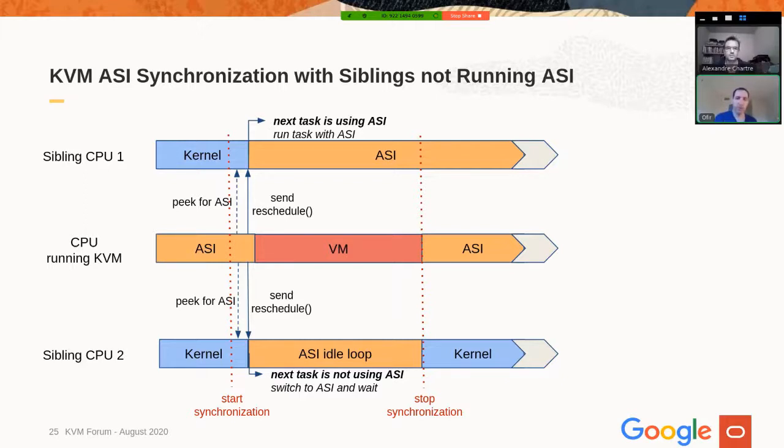For the CPU already running ASI, there's no impact. But for the CPU which was in the idle loop, we stop this loop and we can run the task which was not using ASI. So there's a bit of complexity to do all this synchronization, and this is something we are still investigating and trying to optimize.